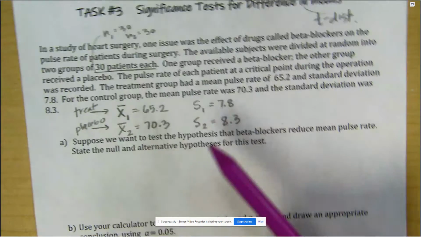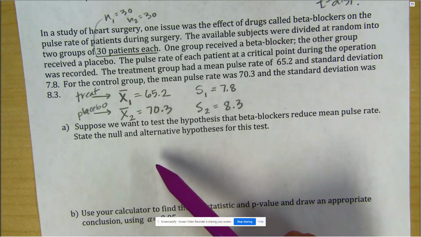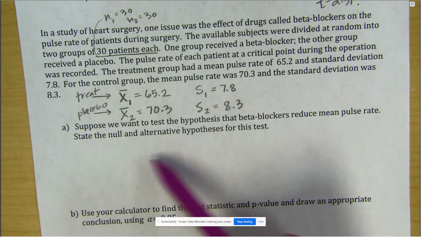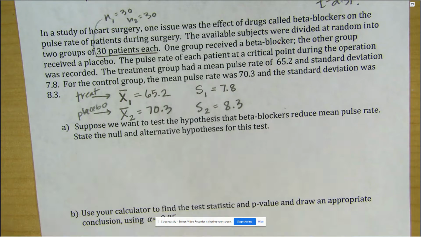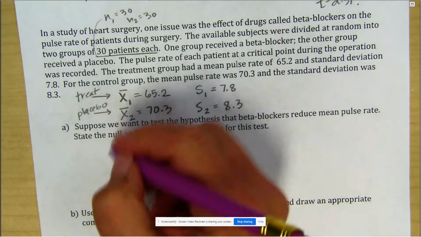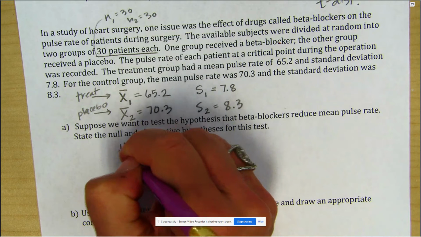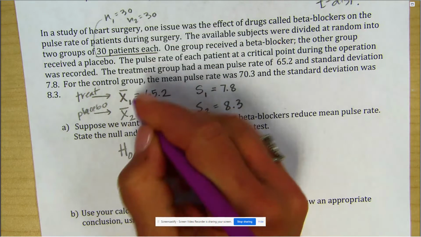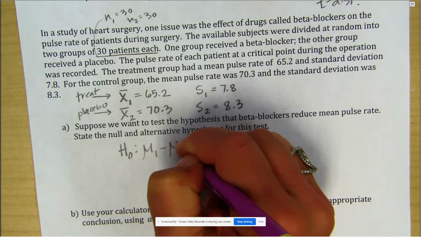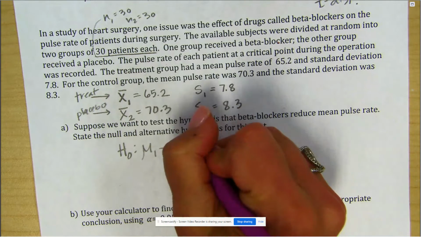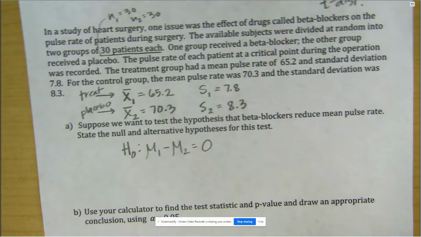So let's first do our hypotheses. We want to test the hypothesis that beta blockers reduce mean pulse rate. The null would be that there is no difference in the true population means.